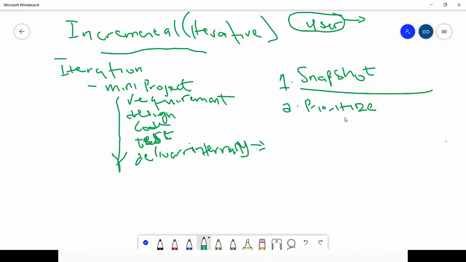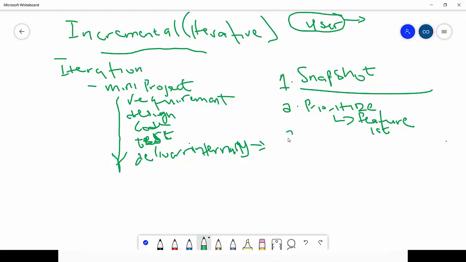Let the customer tell you what feature they want first. What is the feature of that software that you should produce first? So your prioritization must be centered on the user's perspective.